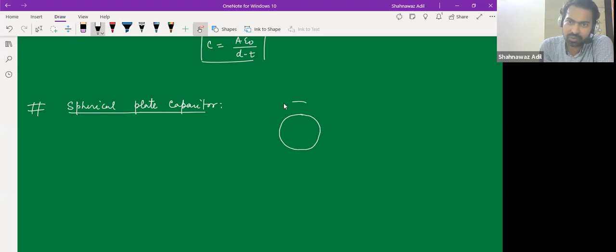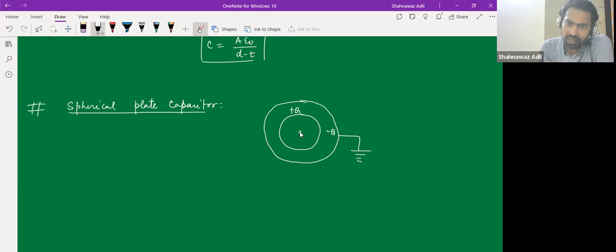Now we have two spheres, hollow spheres, and this one has charge plus Q. And this is earthed, so it has an earthing. So what charge will it acquire? Zero? No, it will acquire minus Q charge, right?